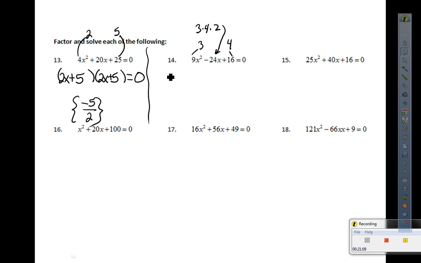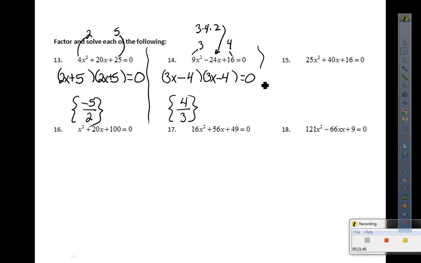If that's the case, I'm going to put 2 parentheses, just like before. I'm going to put the square root of 9x squared. See this minus sign right here? I'm going to put 2 minus signs. Square root of 16 is 4. That's what will happen to make that work. Now to solve this, I'm going to add 4, divide by 3.